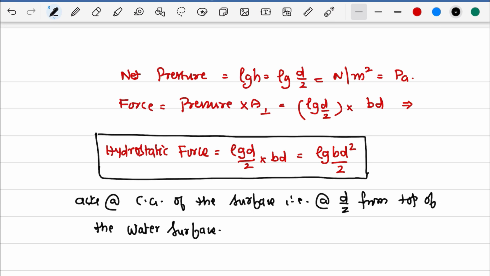When the top of the plane rectangular surface and the water surface are the same, then what will be the action of the hydrostatic force? The hydrostatic force acts at the center of gravity of the plate. Then rho g BD square by 2 is the hydrostatic force that acts, and this is the total pressure.